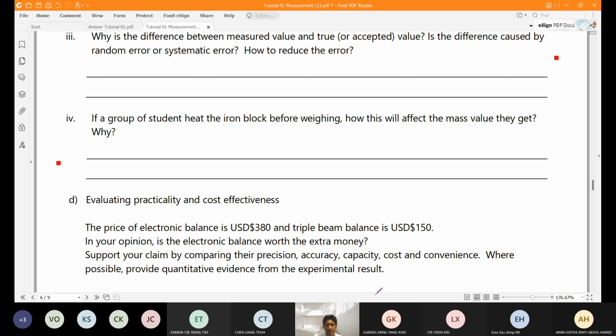Will the mass be different if the iron bar is hot? Is it higher or lower? Okay, good. Gabriel says that he thinks the mass will be different.